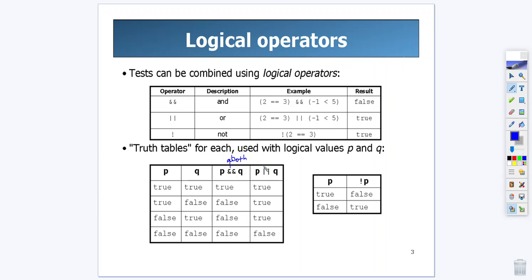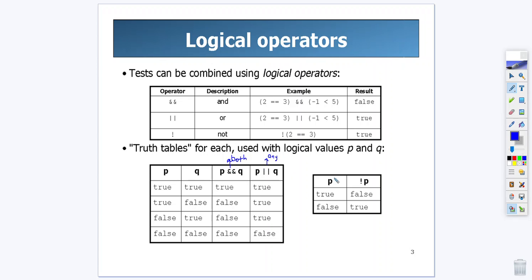For OR, we're just looking for any of them to be true. So true, true is going to be true. True, false is going to be true. False, true is going to evaluate to true. It's only when both of them are false that an OR statement will evaluate to false. So for AND, we need both. For OR, we need any.